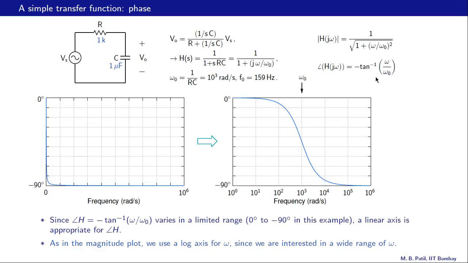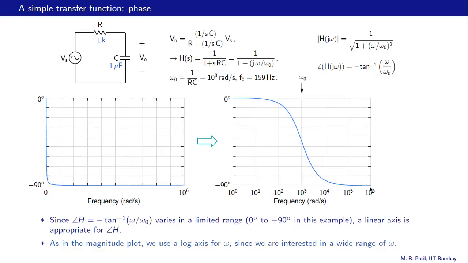So this is 1, and that is minus tan inverse of 1, which is minus pi by 4 or minus 45 degrees. Also, as omega becomes small, this quantity becomes 0 degrees, that is this part. As omega becomes large, minus tan inverse of infinity approaches minus pi by 2 or minus 90 degrees. That is this part.